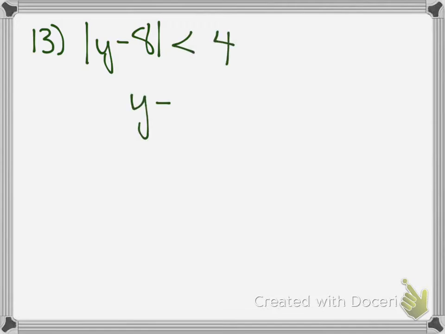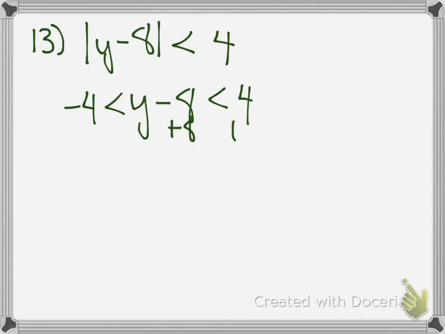So on number 13, you've got absolute value of y minus 8 less than 4. What that means is y minus 8 is less than 4, and since it's less than, it's going to be in between two numbers: 4 and negative 4. When it's "and," it's between the positive and negative.